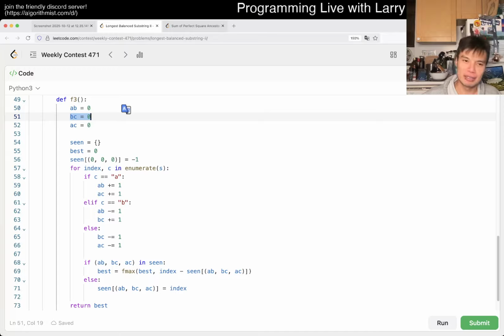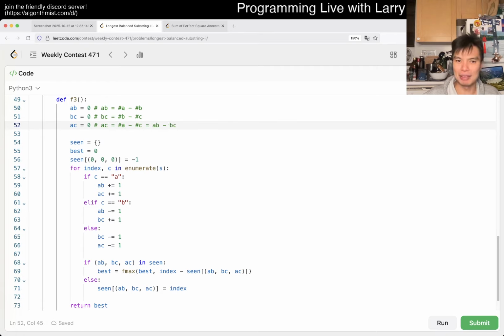Because if you say A, B is equal to the number of A's minus number of B's, and then B, C is equal to number of B's minus number of C's, then AC is equal to the number of A's minus number of C's, which of course you can calculate as AB plus BC, right?